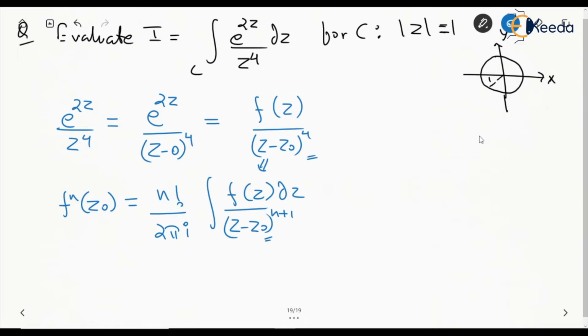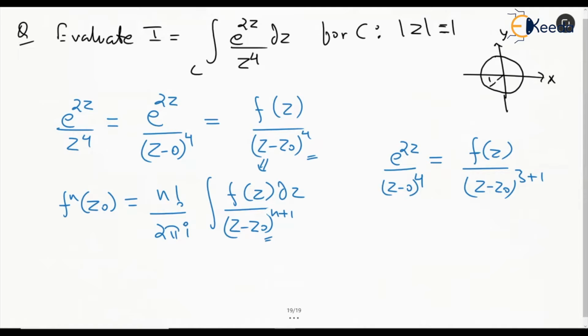So we can compare this e to the power 2z by z minus 0 to the power 4 as f of z by z minus z naught to the power of 3 plus 1. So this means the integration of e to the power of 2z by z to the power 4 dz over C will be equal to, as per this, 2 pi I f.